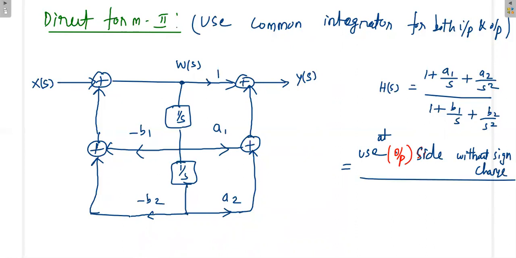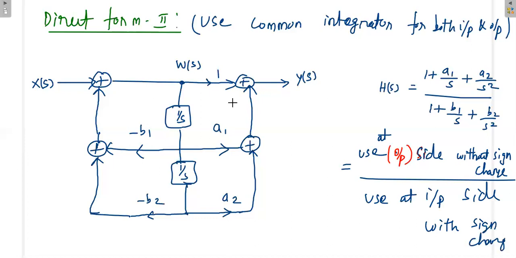Use it at the input side with the sign change. Because if you know this directly, you can write direct form 2 instead of comparing with direct form 1. Again, once we know the block diagram, from this block diagram we'll try to get the expression H of s.